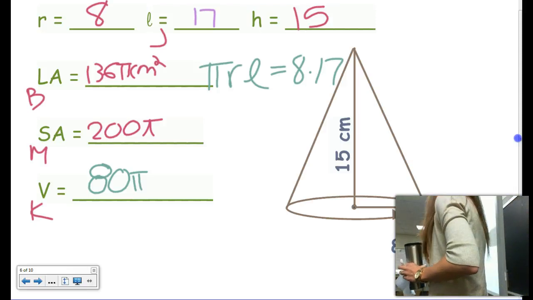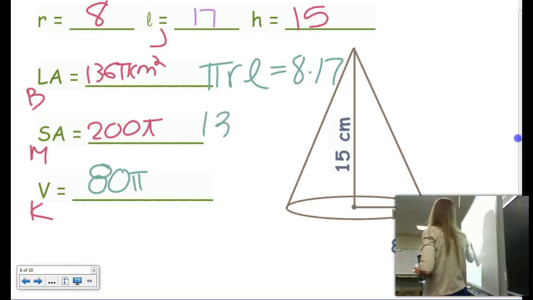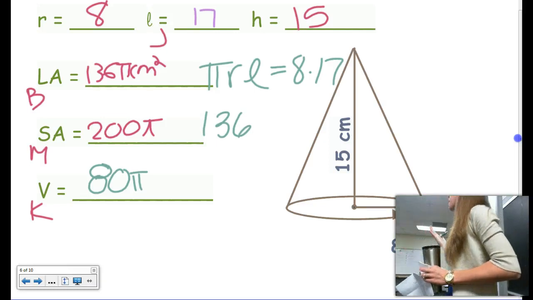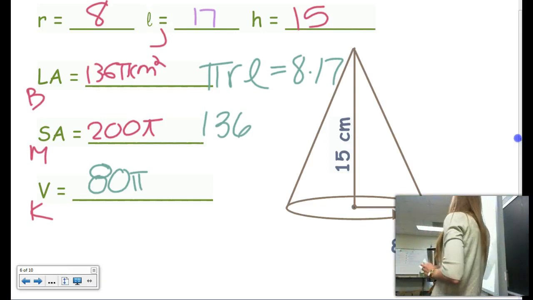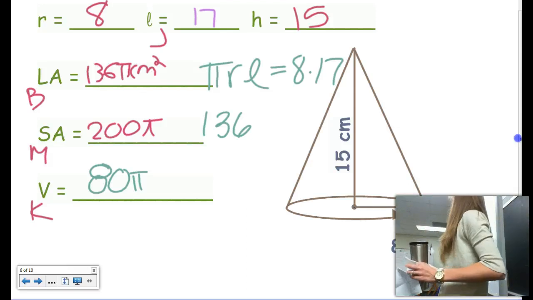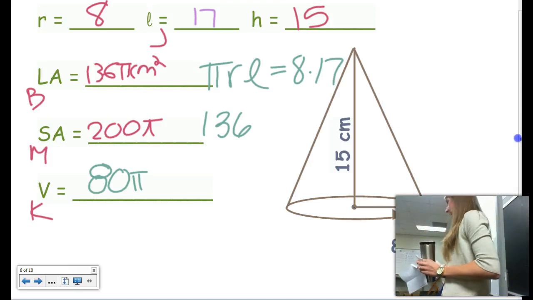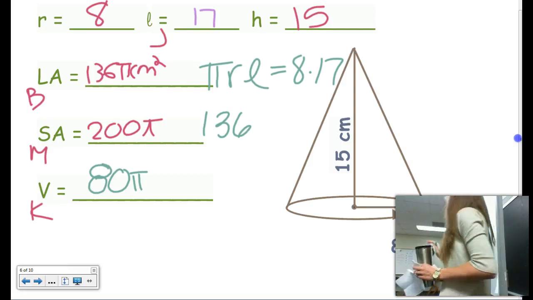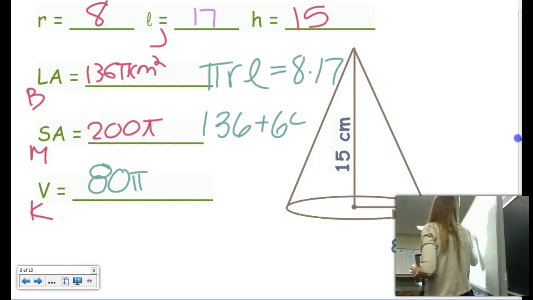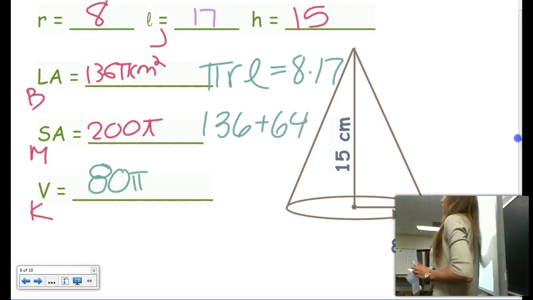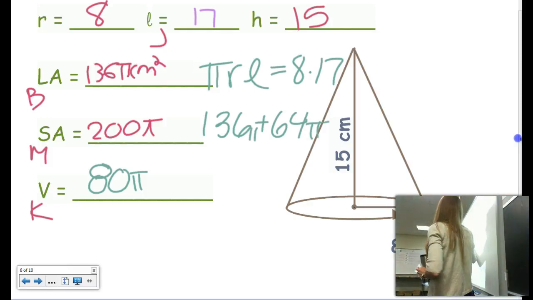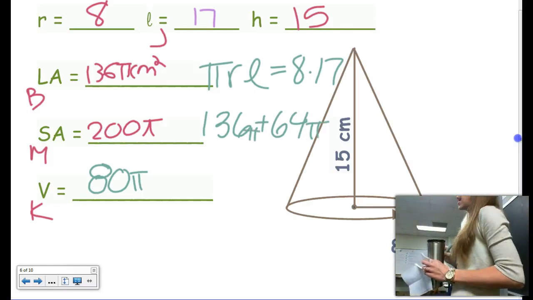Once you have it, all you have to add is a circle, because that's the only thing you're missing. How do you find the area of a circle? Pi r squared. What's 8 squared? 64. So once you have this, all you add to it is r squared. Keep in mind that there is a pi there each time, we're just not entering it.